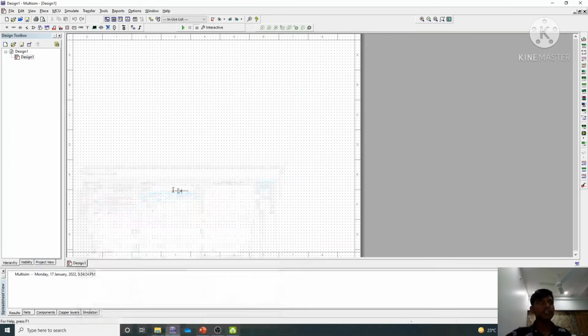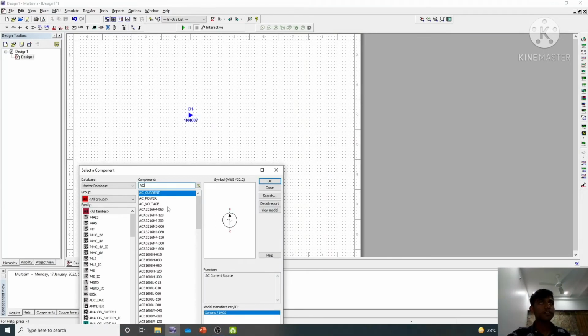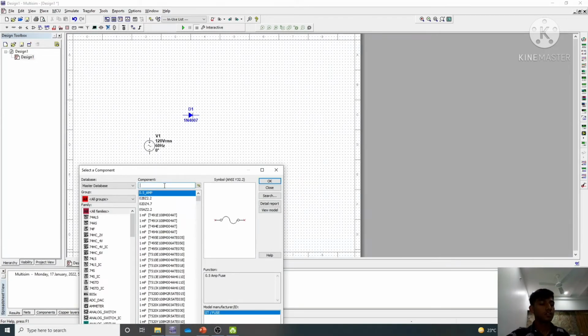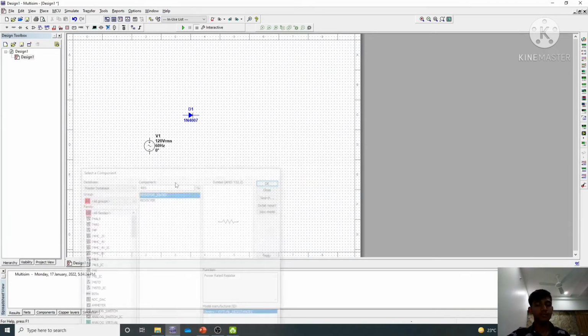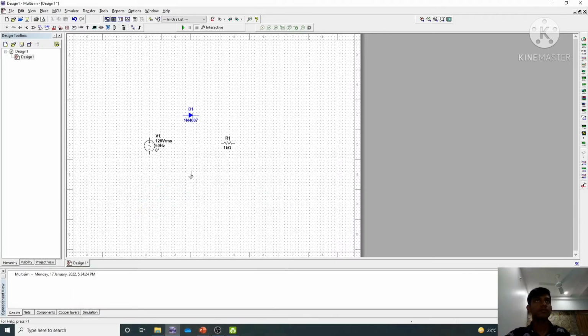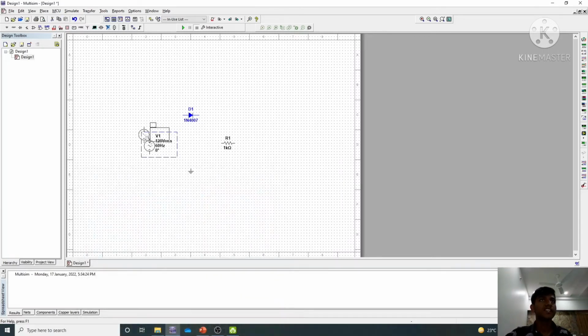So we will take one normal silicon diode and we will take AC power. Also we will take one resistor and one ground to complete the circuit. Now let's connect the circuit.